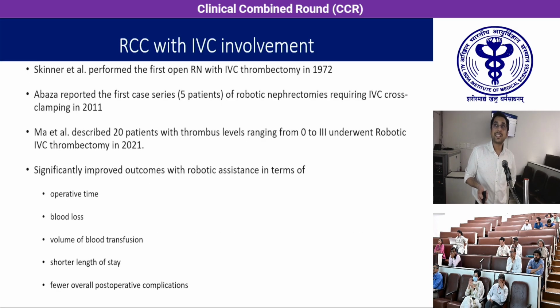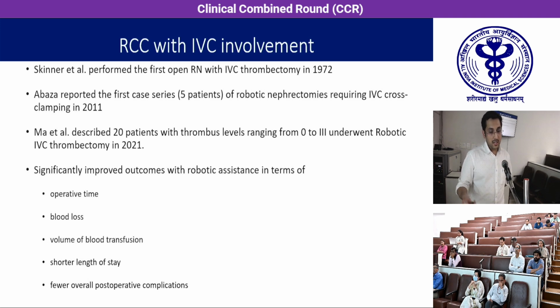Historically, Skinner et al. performed the first open radical nephrectomy with IVC thrombectomy way back in 1972. The robotic counterparts are reported in the literature as case series, the first of which was reported by Abaza et al. from the United States, including 5 patients in 2011.